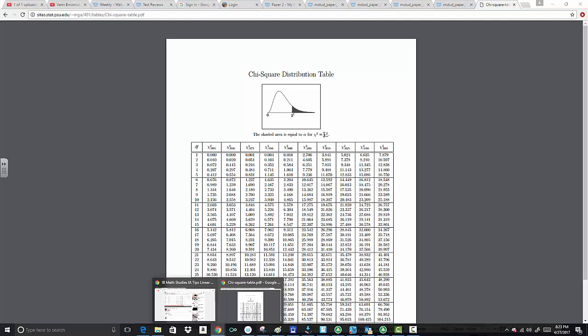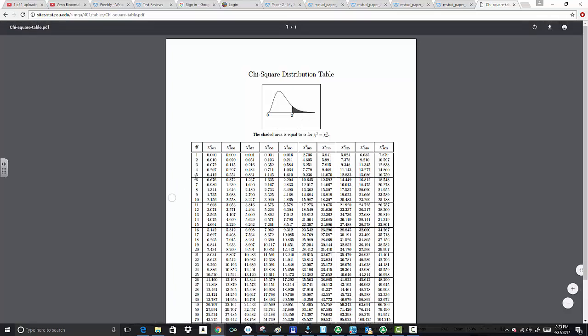For chi-squared, this would be a critical value, chi-squared alpha right here. And alpha is your significance level, which would be, in our case, 1%, right? So if this alpha is to the right, and this alpha is 1%, we're looking for 0.01. This one right here, that's the one that we're going to use in this particular case.